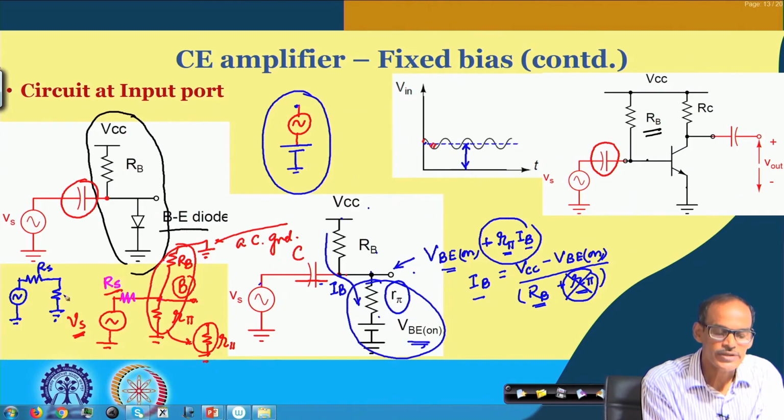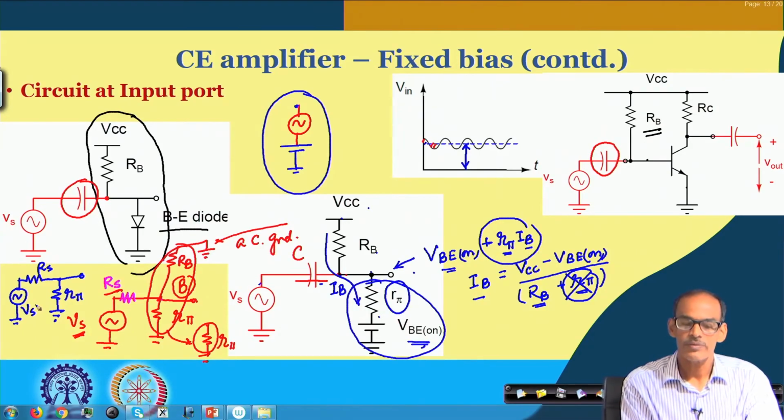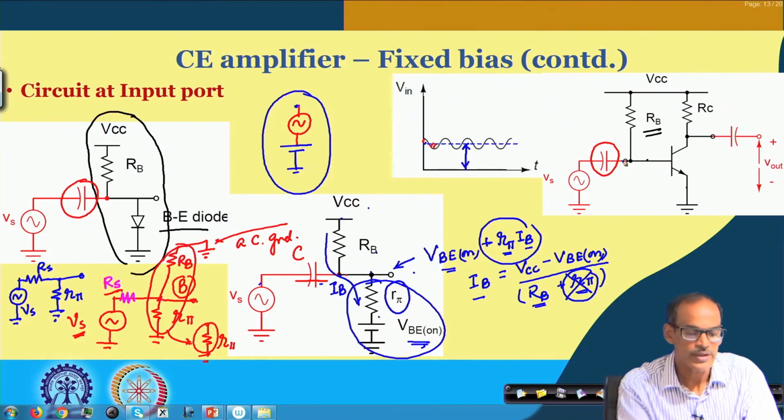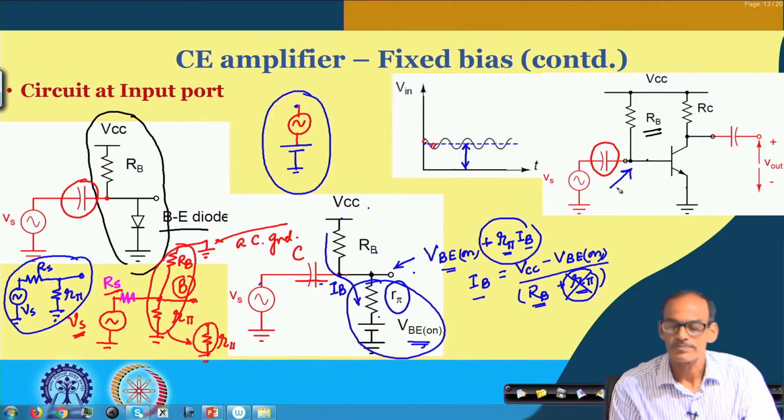This resistance is the parallel connection of Rb and R pi, but we can say this is R pi. So this model will be used whenever we talk about the small signal analysis. So at the base, that is the equivalent circuit we have at this point.